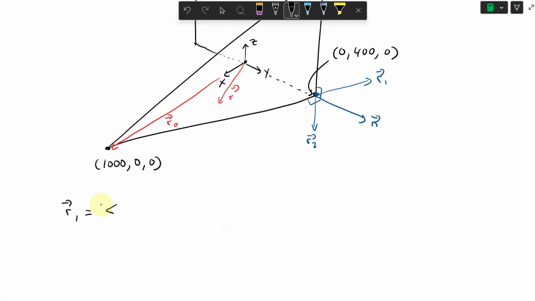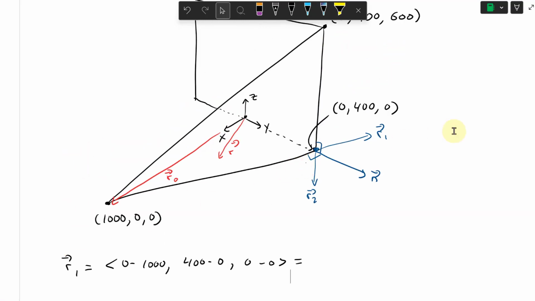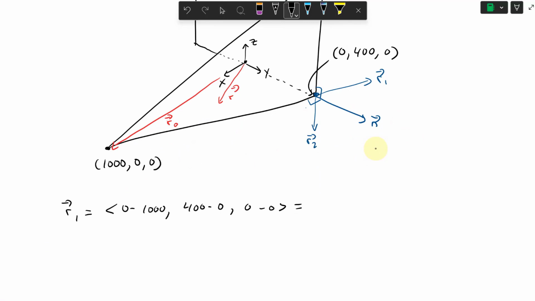So it's just a difference, 0 minus 1000, indicated by the direction there. And then the next one is the y-coordinates, 400 minus 0, and then 0 minus 0. So we're just subtracting each of these, and we get this R1 vector, which equals negative 1000, 400, 0.